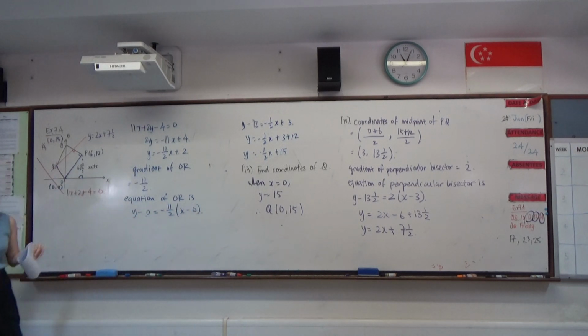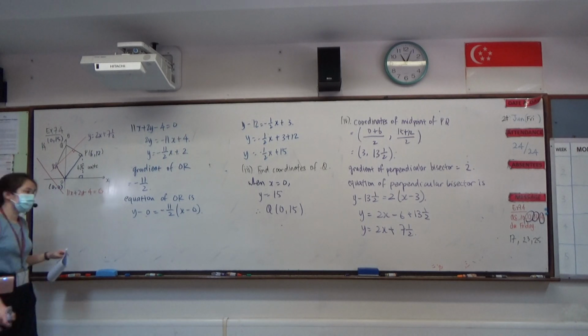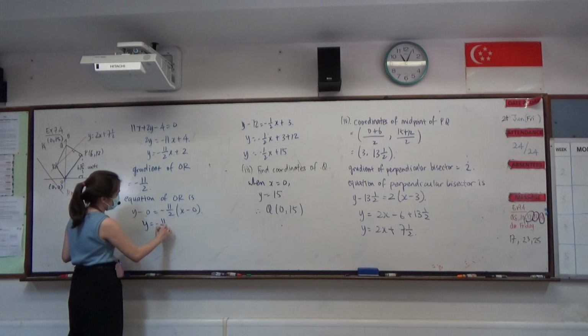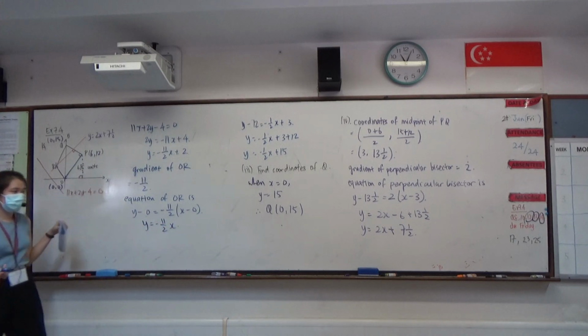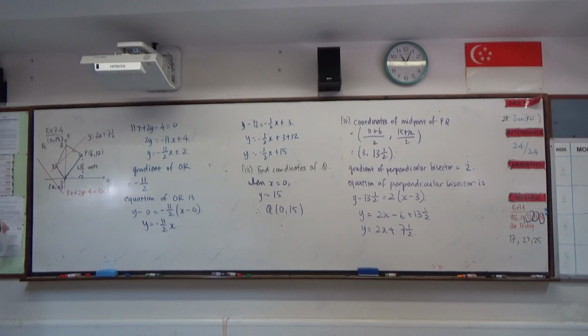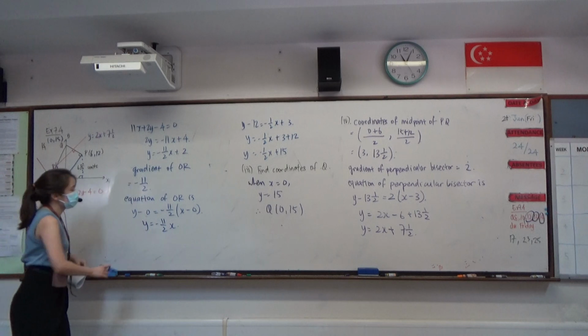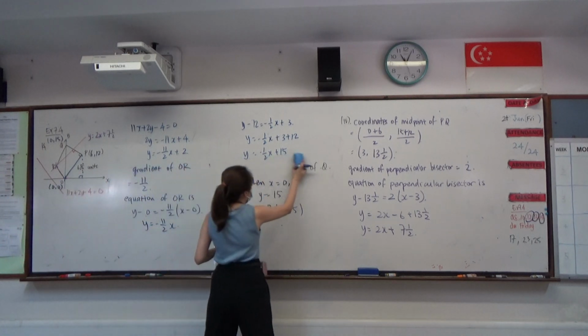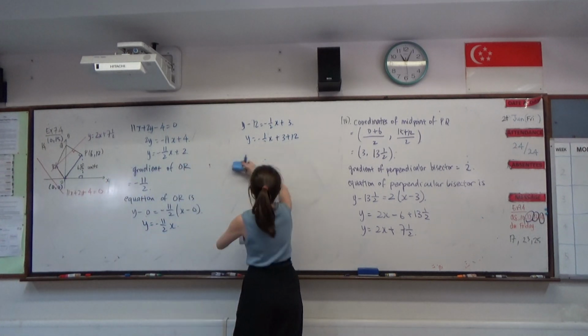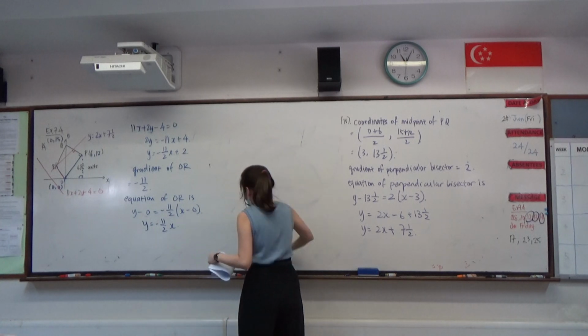In fact, any line that passes through the origin will have the y-intercept of 0. So that's why the equation of a line that passes through the origin will simply be y equals the gradient times x. Okay? Now that we got those two settled, we will solve simultaneously.